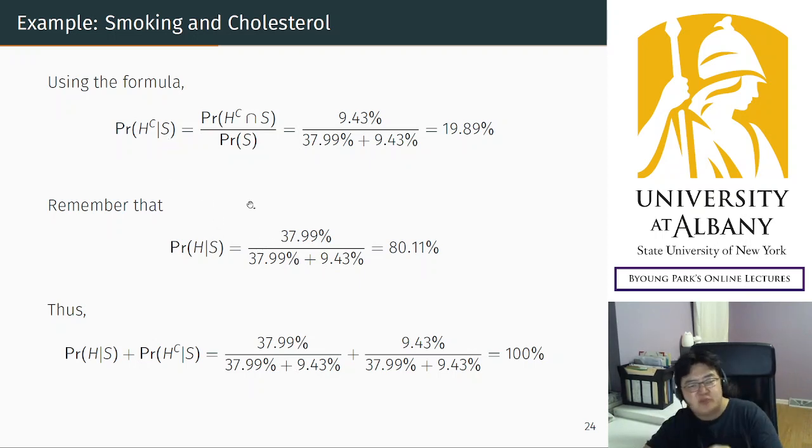Among those who smoked before, they have only two choices. Either they have high cholesterol or not. So if they have high cholesterol, they will count toward this probability. If not, they will count toward this probability. So anyhow, they're going to be counted, so the sum must be 100%. Everyone who smoked before will be included in either of the two probabilities.